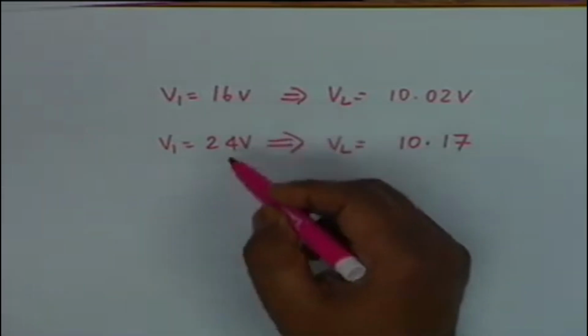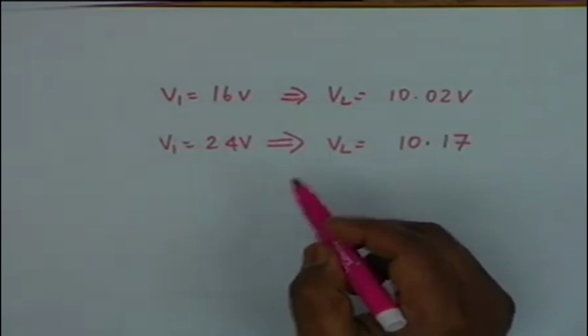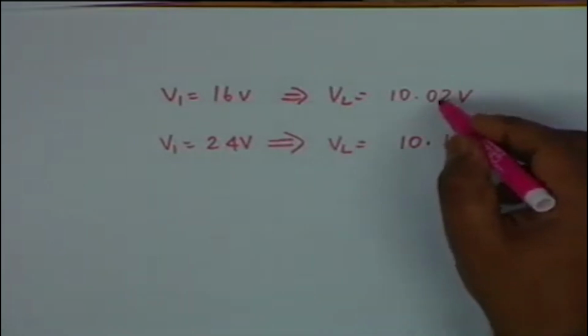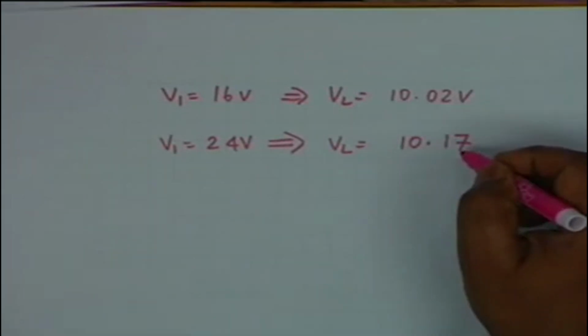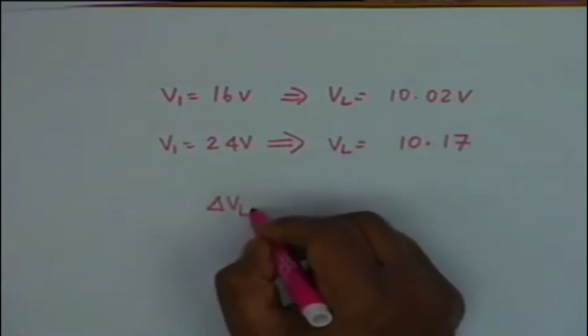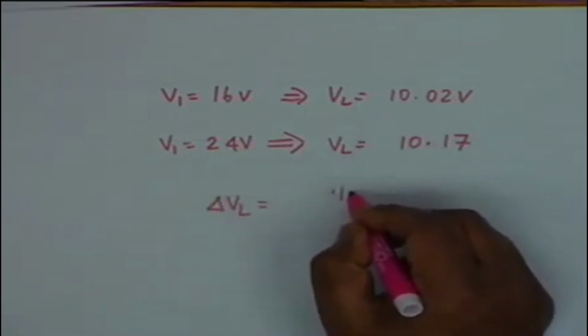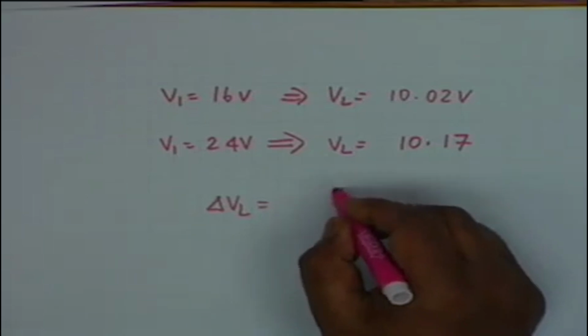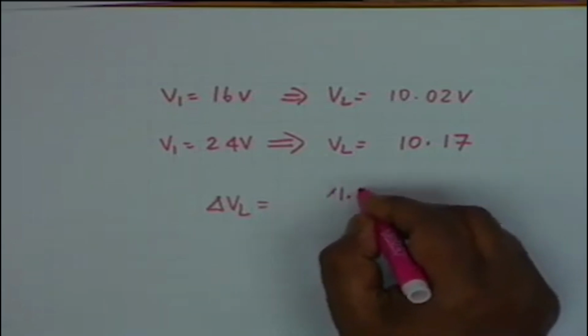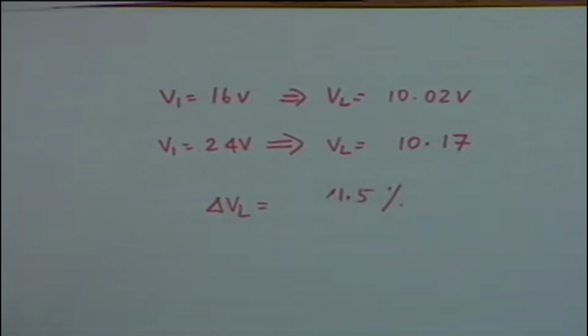For a violent fluctuation here from 16 to 24, the load voltage changes only from 10.02 to 10.17, and delta VL, if you calculate this, 0.15, it's simply how much? 1.5%. That's it. 50% fluctuation in the DC is reduced to only 1.5% fluctuation in the voltage across the load.